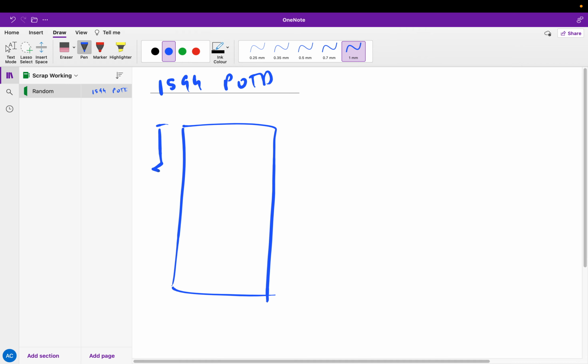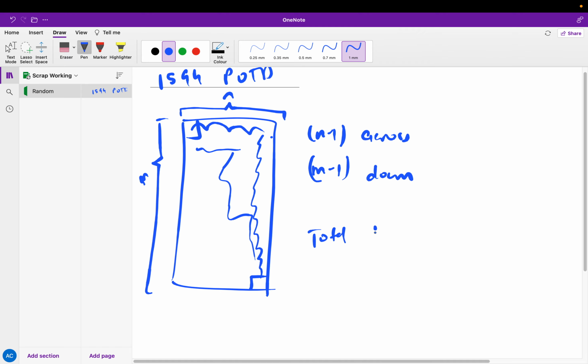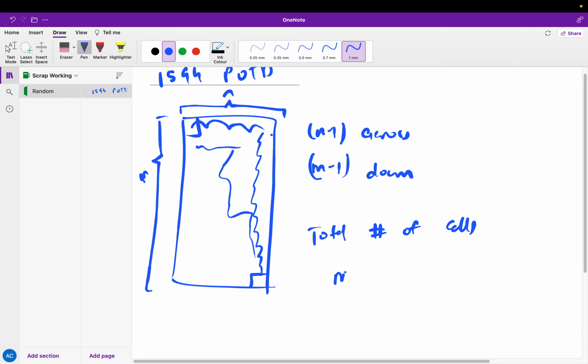If you have m rows and n columns, to get from here to here, you're going to have to move n-1 times across, and then m-1 units down. The order in which you move across and down will be different. But my point is the total number of cells that you're going to have to traverse is going to be m-1 plus n-1 plus 1.